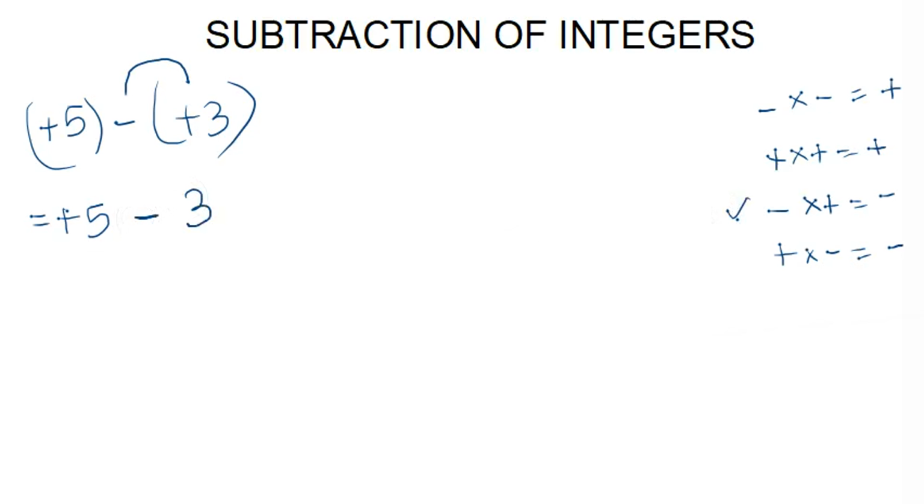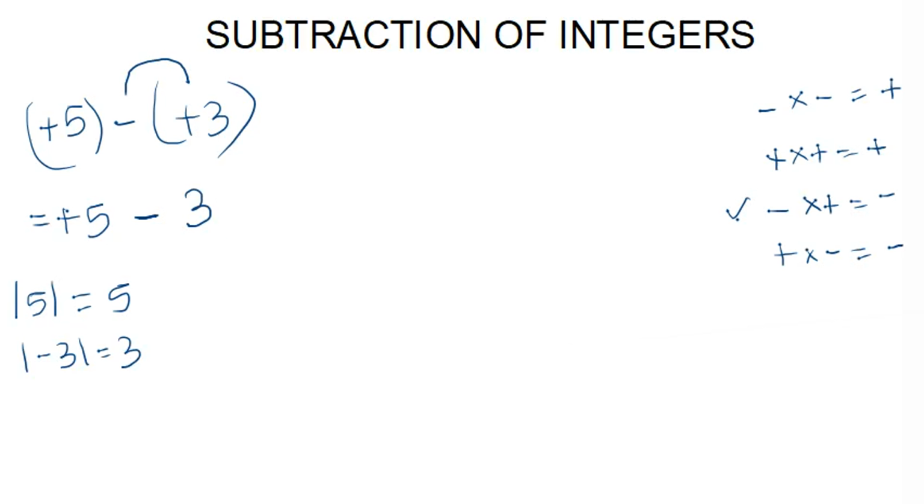So now what can you see here? You can see that both the integers are unlike integers, right? So in addition rule, what did we study? If there are two unlike integers, then we'll first find the absolute value. So plus 5, the absolute value is 5. Then minus 3, the absolute value is 3.